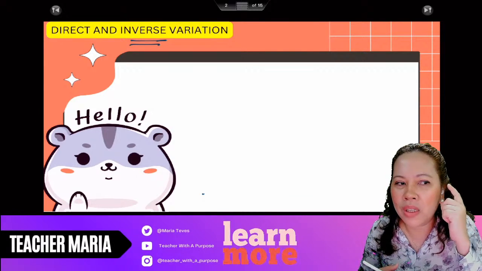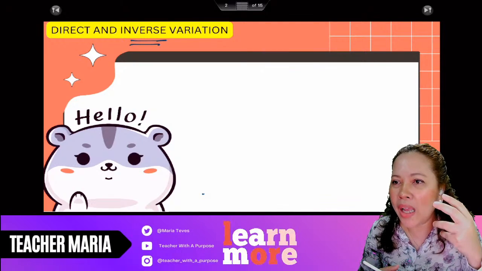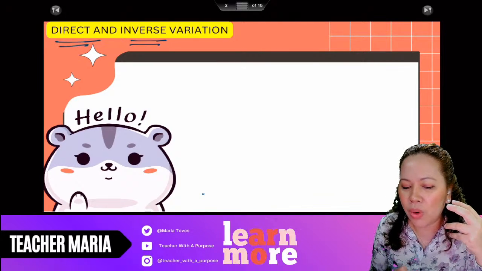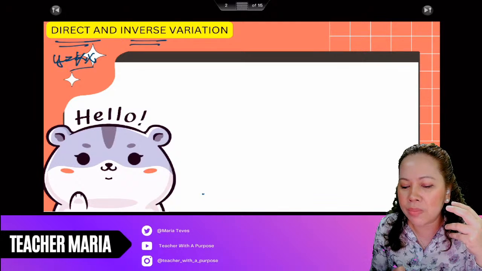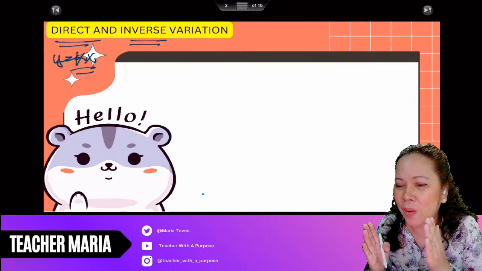Yun yung dapat mong i-remember. Why your direct variation is where k is being multiplied to x dahil they both increase. Okay?